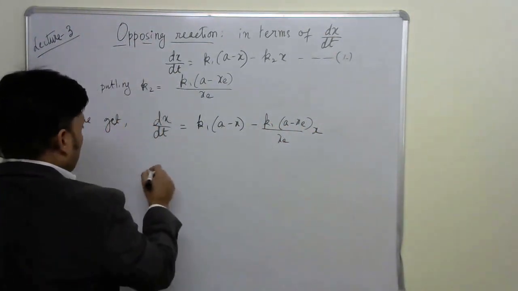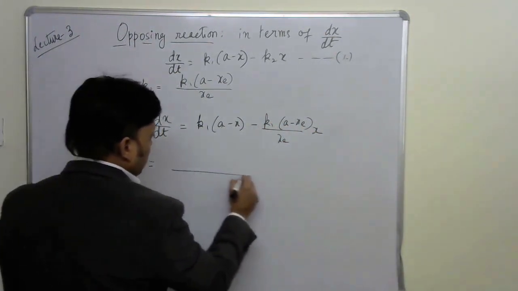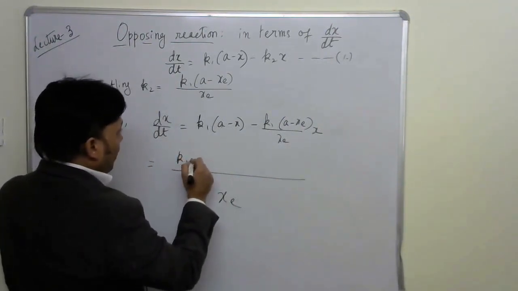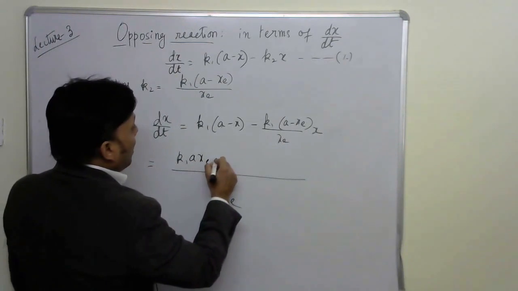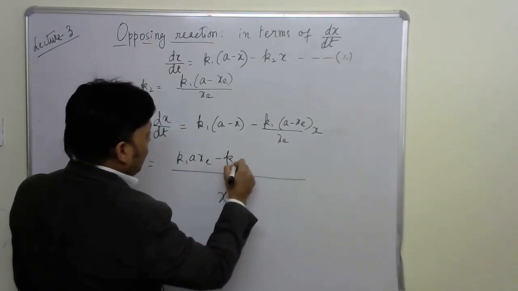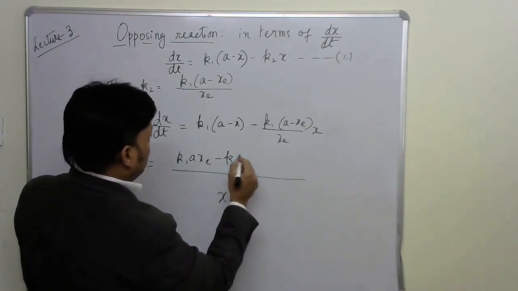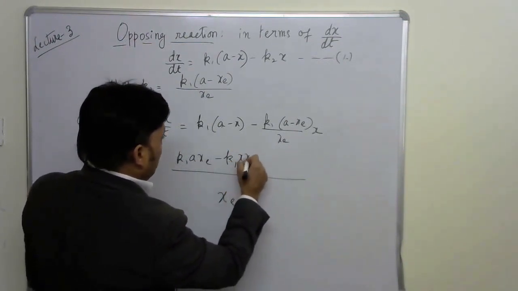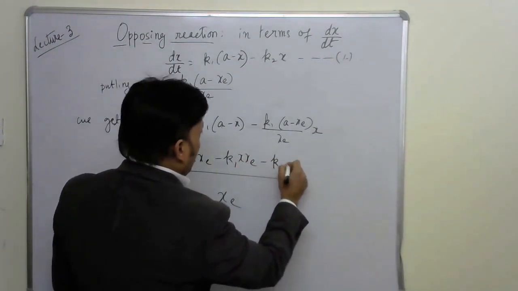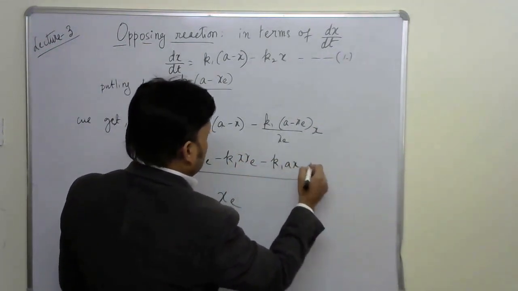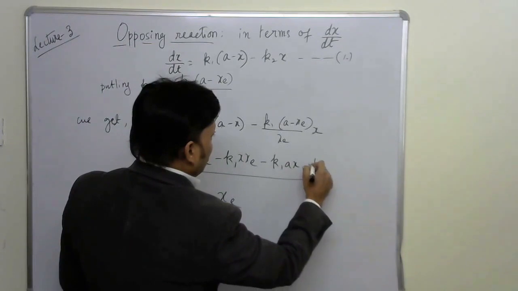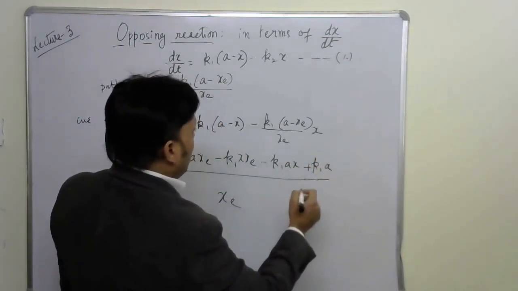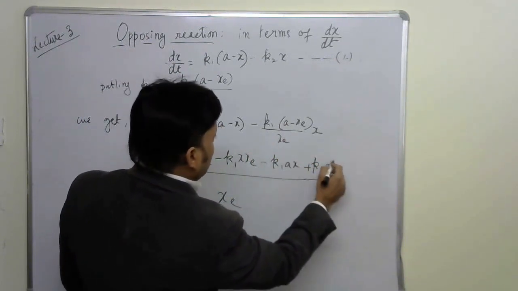We can write this with xe at the bottom, and at the top we have k1 a xe minus k1 x xe minus k1 a x, and then plus k1 xe x.